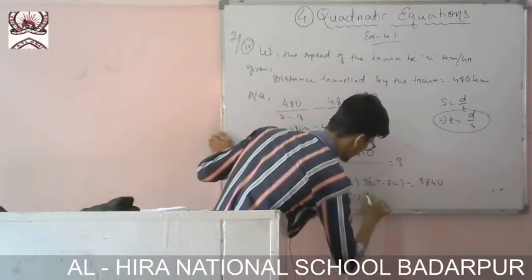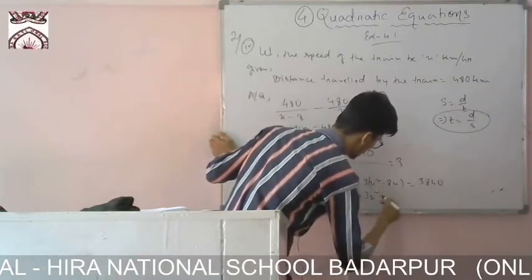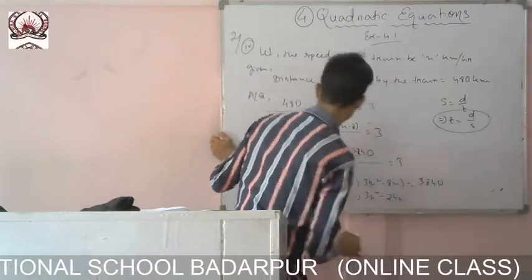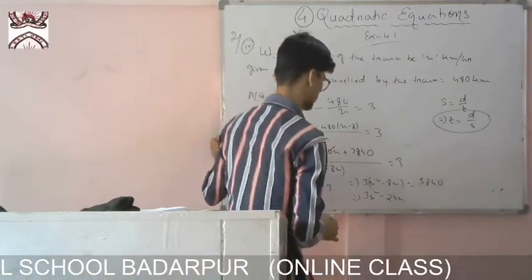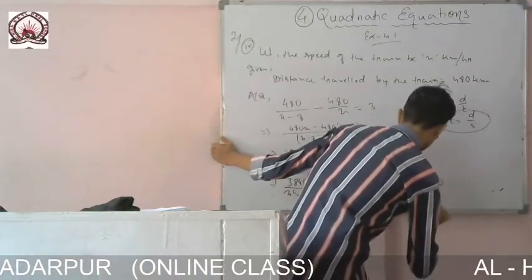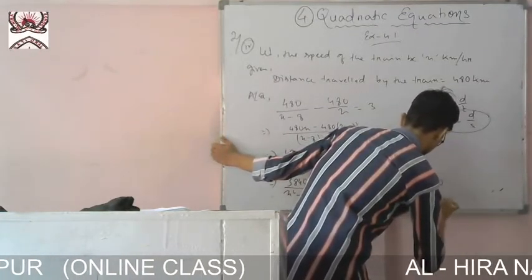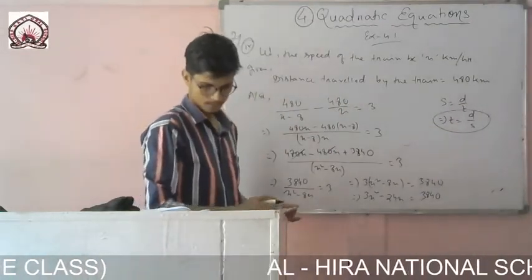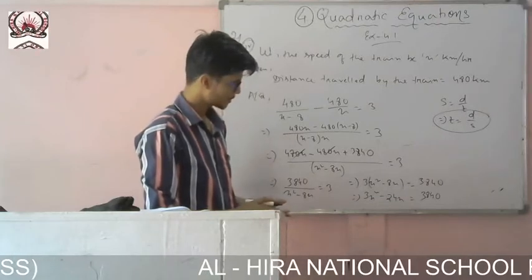So that is 3x square minus 8 3s are 24. 3x square minus 24x equals 3840.